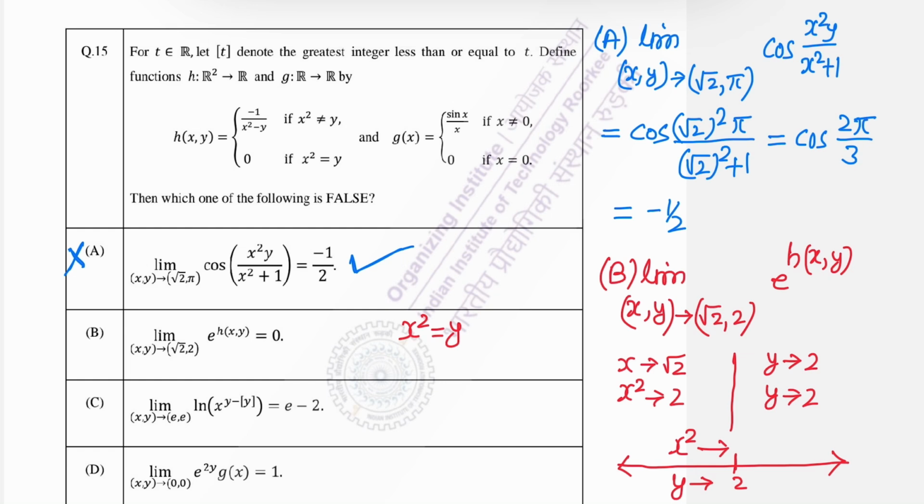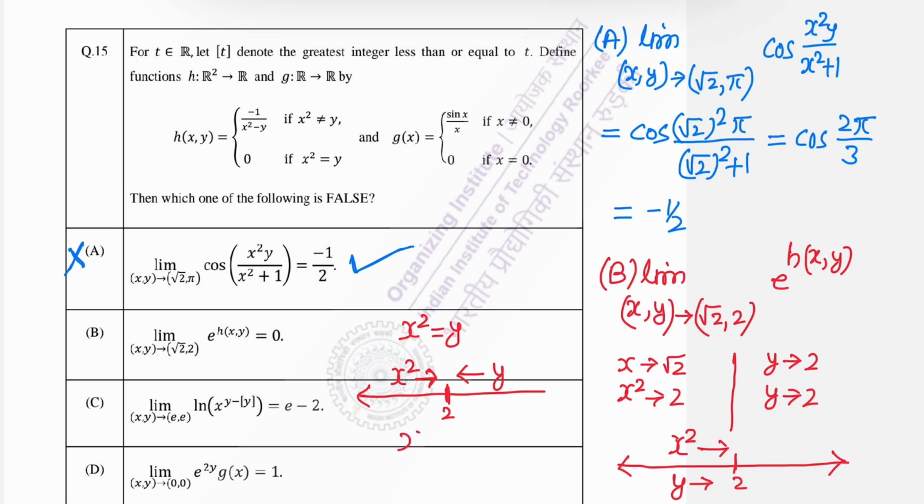and there will be one more thing, and that thing I show you again. Suppose x square tends to 2 from one side and y tends to 2 from the other side.